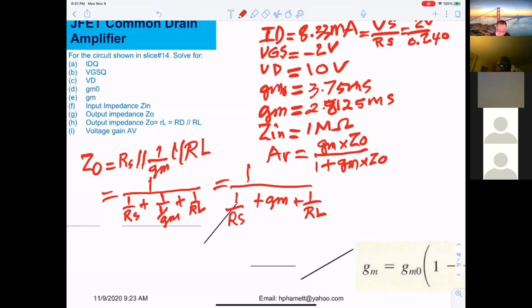They are in parallel with 1 over GM. So it's supposed to be 1 over GM. But doesn't that just give you GM? Right. Oh, okay. So that just means take the regular value of GM. Right.